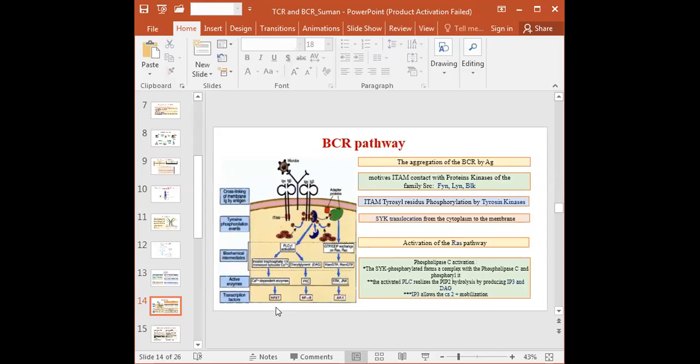Here mostly SYK is in a phosphorylated form in a complex with phospholipase C gamma. They are activating this and initiating the pathways. One of the pathways mentioned here is the RAS pathway. There may be other pathways, that is the ERK, JNK pathway, PKC pathway, and calcium dependent pathways.